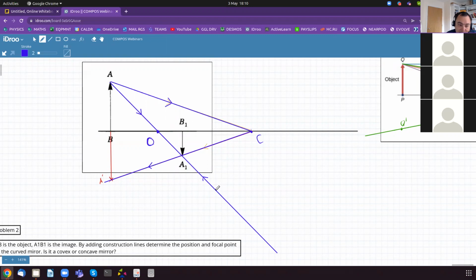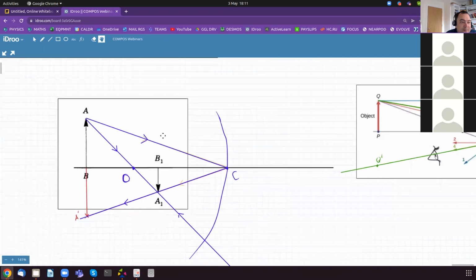This line is a radial line. And this is obviously a radial line, OC. So all we need to do is draw a curve of radius OC. And this is our curved mirror. This is our spherical curved mirror. All right.